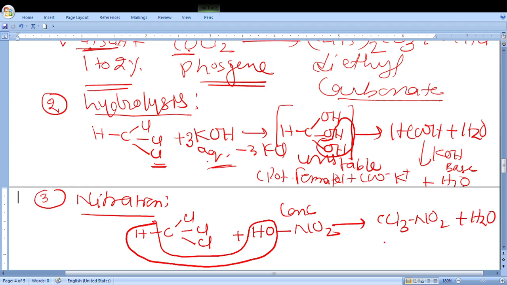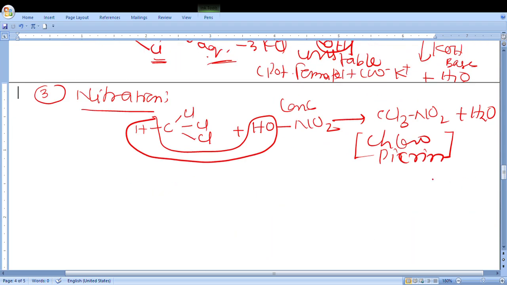Plus water. This CCl3NO2 is chloropicrin. What is it called? Chloropicrin.